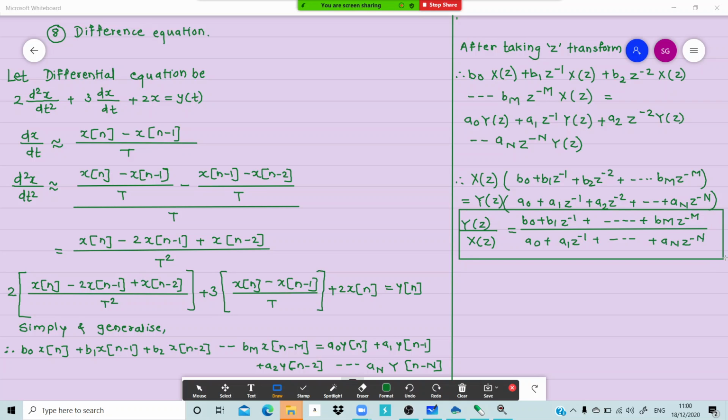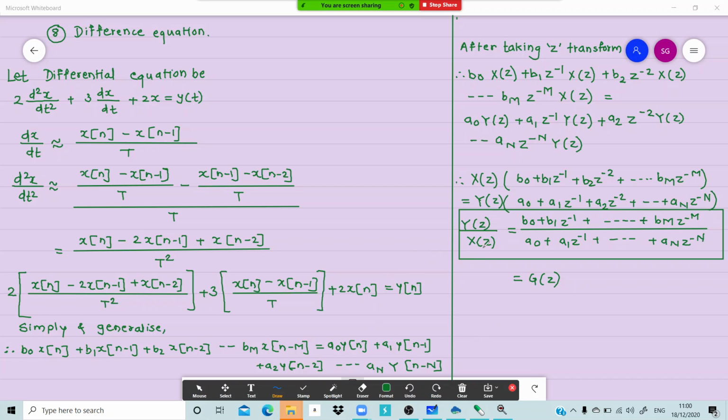Correct. So this is the format, or I can write one more thing. So this can be written as G(z), the transfer function of the discrete digital system that you are having, right?